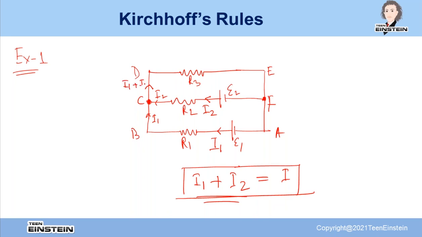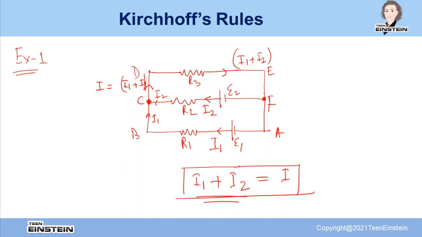So this I1 plus I2 goes all the way up to here, right? And then when they come to this junction, look, I have taken the current through this branch A to B as I1. So obviously this current will be I1 this way, and this current will be I2.